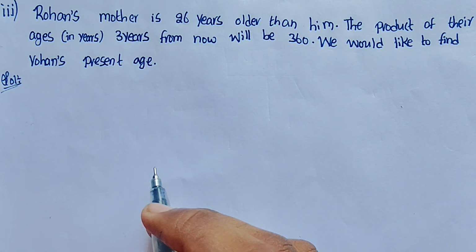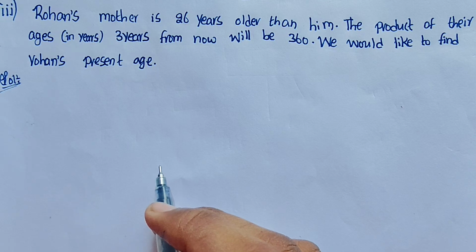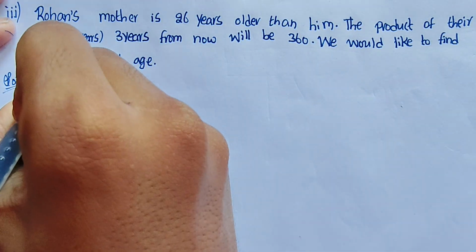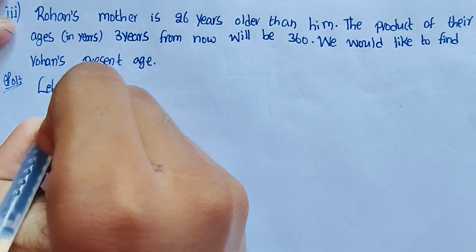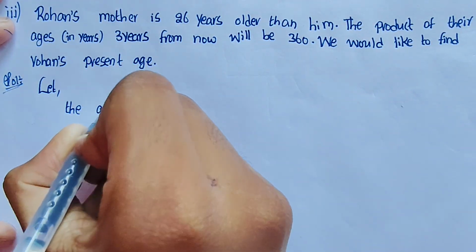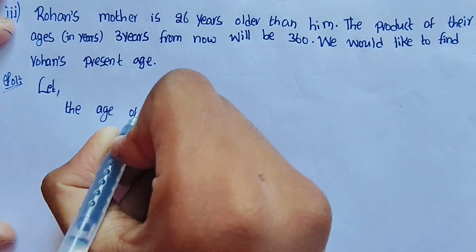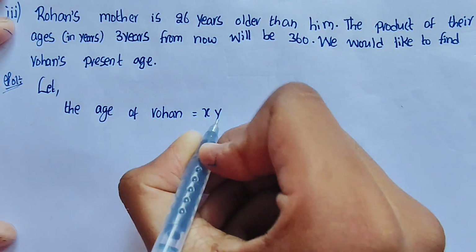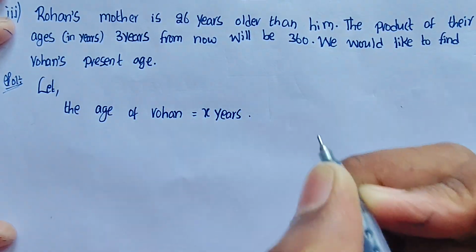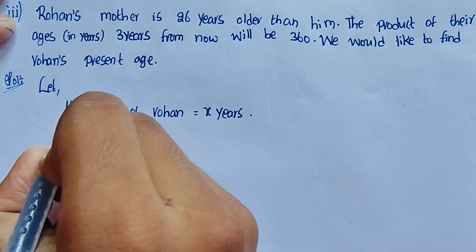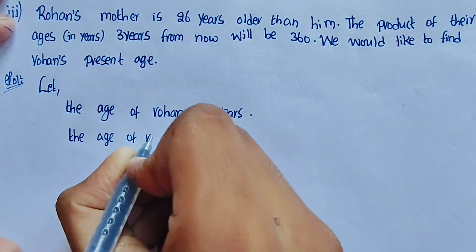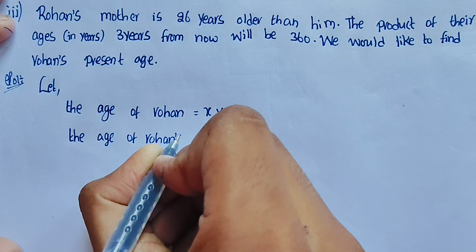So here, let the age of Rohan equal x years. I am taking the age of Rohan as x years.